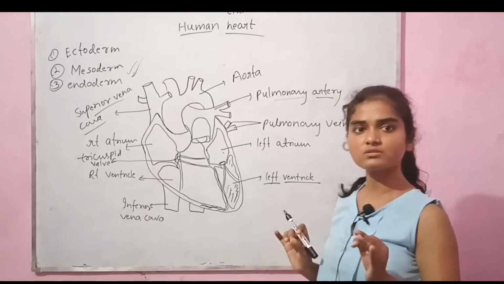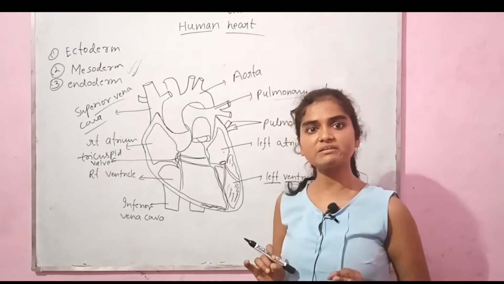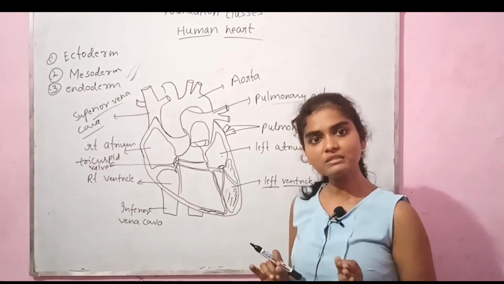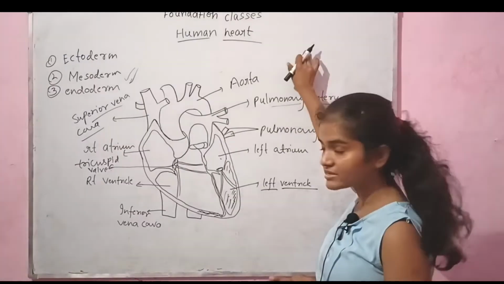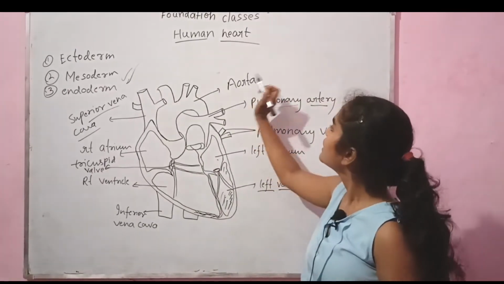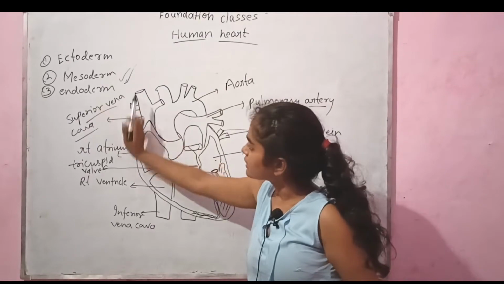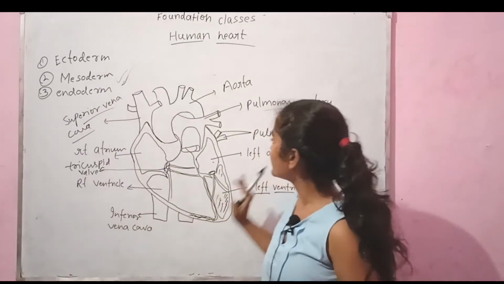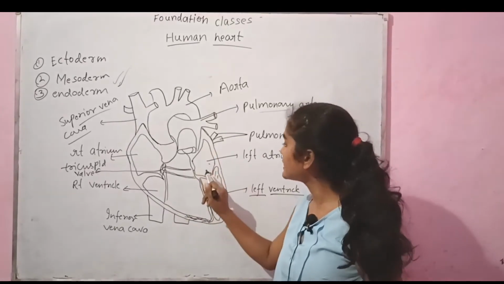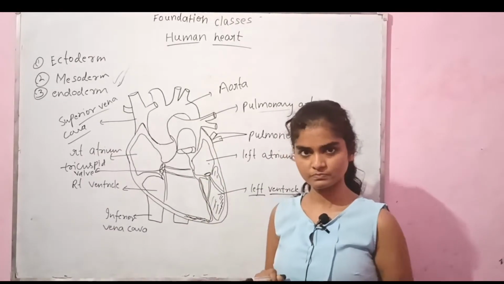The pulmonary artery is the only artery which carries deoxygenated blood to our lungs, where the blood gets oxygenated, and then it flows through the pulmonary veins into the left atrium.